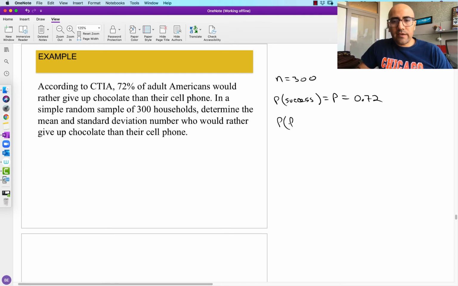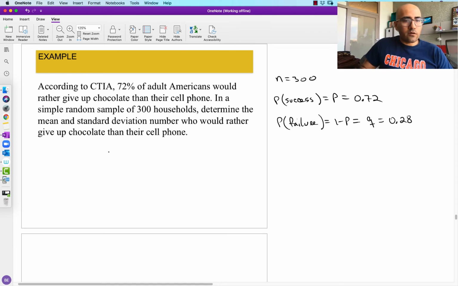And the probability of failure, which we know is 1 minus p, which I also like to call q, is its complement, right? Either a success or a failure. So that means that this is 0.28. These two things must add up to 1. Okay, so that's all we really need to determine the mean and standard deviation. The formula for the mean, mu of the random variable x, is equal to n times p.